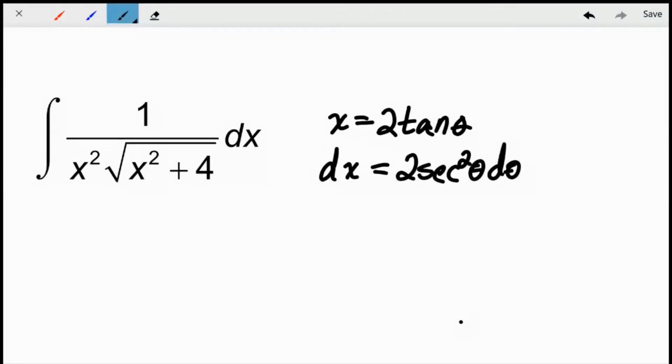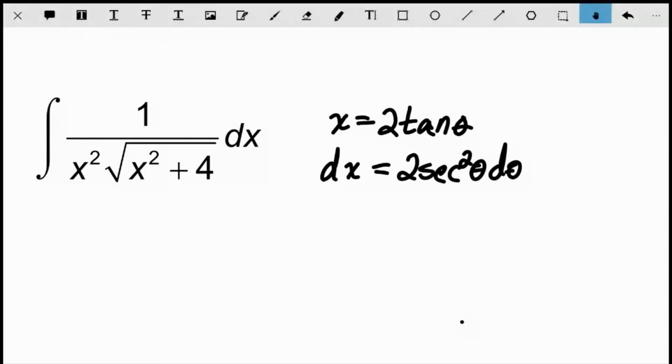Okay, so that's my substitution. Before I do my substitution here, I just want to think about where that substitution came from: the idea that if I can get a 1 plus tangent squared, I can get it into the form of a secant squared. So that's going to allow me to simplify this thing out.